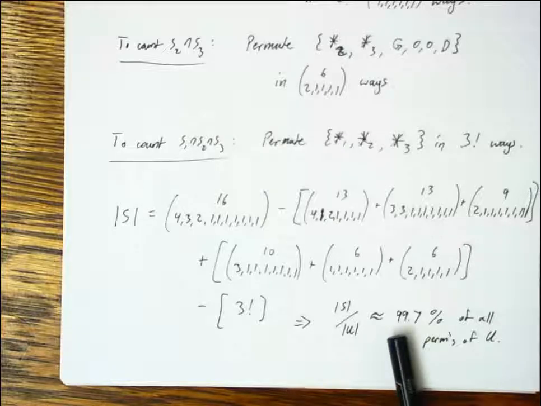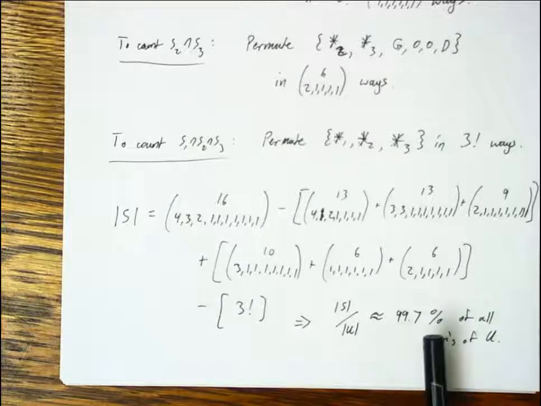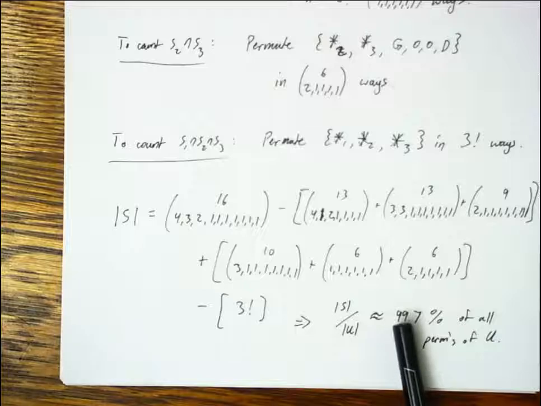There's only about 0.3% of all the permutations that will have good or news or everyone as consecutive letters.